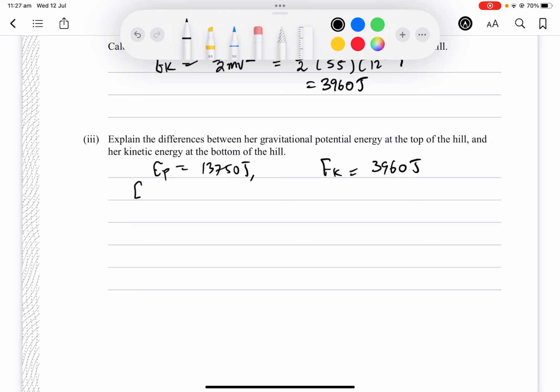So we know that EP is converted into EK when Ariana slides down the hill. However, some of that energy is going to be lost to friction and heat.